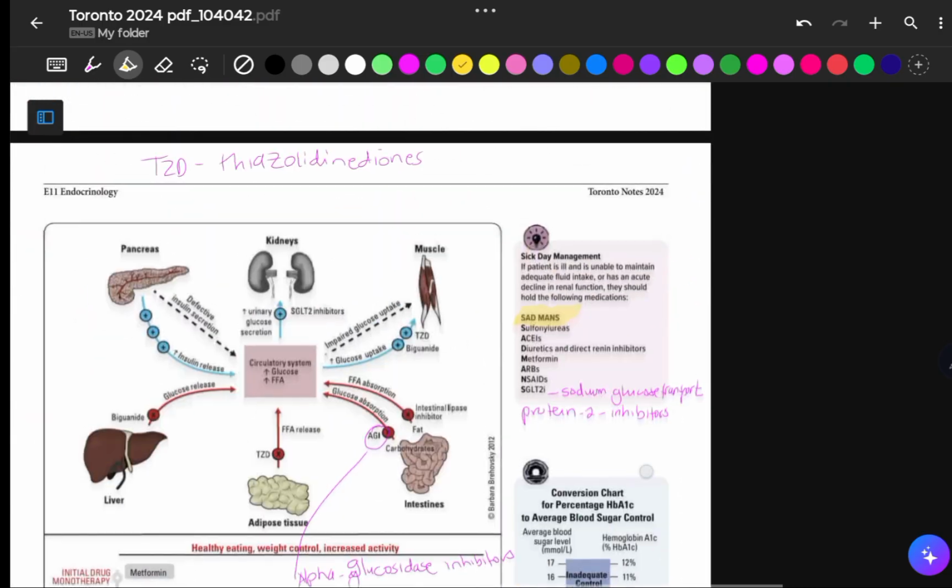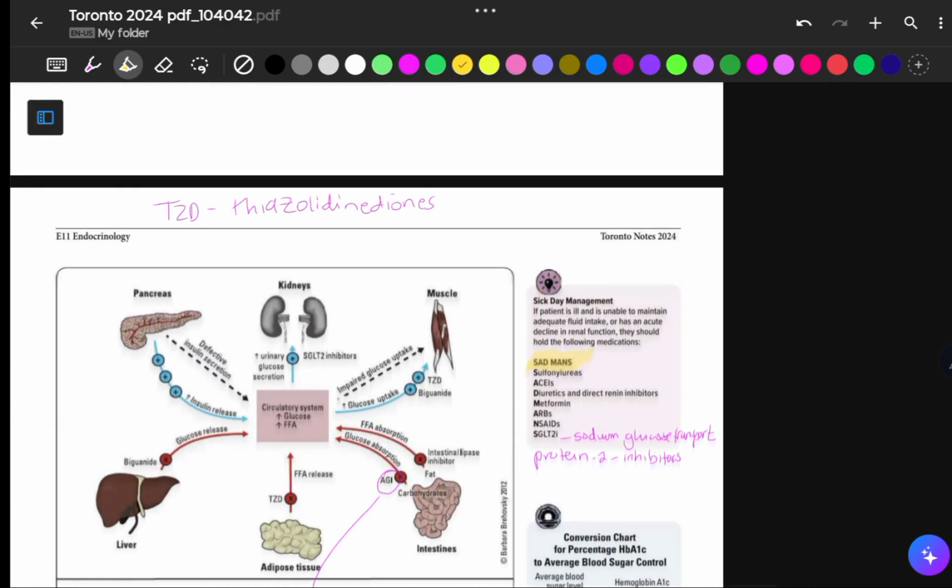Okay. Next, we're looking at the muscles. So what drug can we actually use to help the muscle take more glucose in? Those drugs are your biguanide and your TZD. TZD stands for thiazolidinediones.